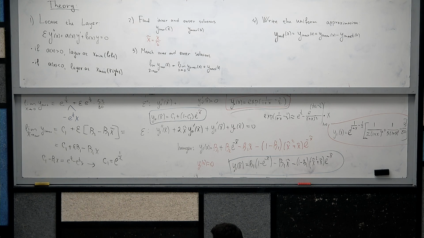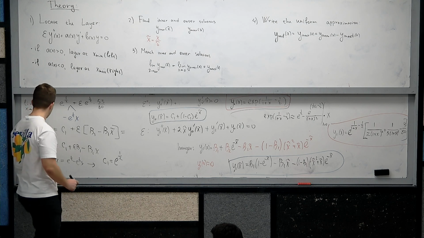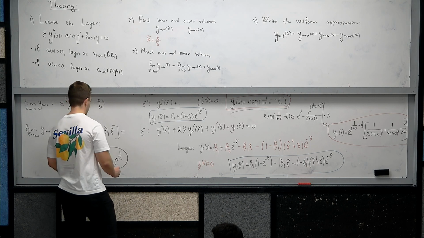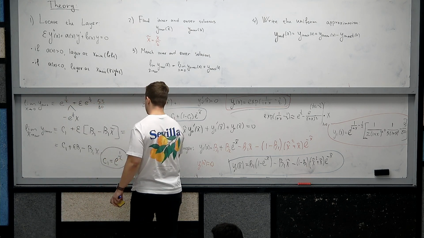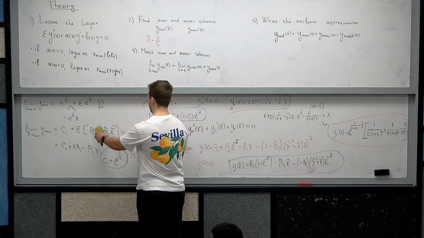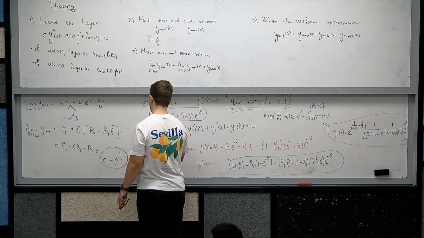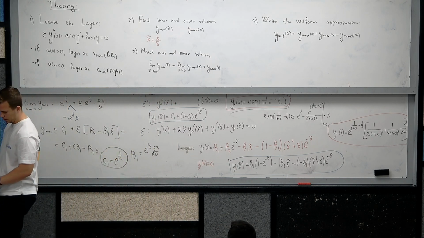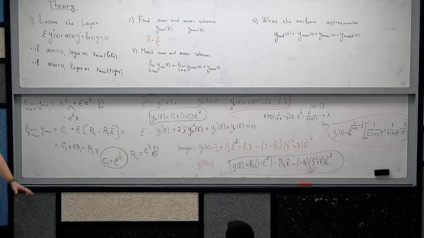So this is C1, right? And B1 is this. Okay, and then you sum the inner solution and outer solution, subtract the match, and you finally will get these two lines answer.